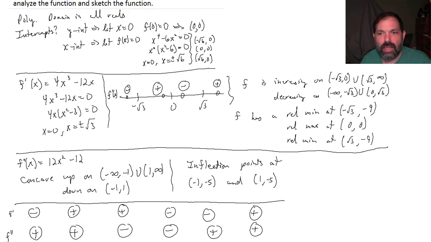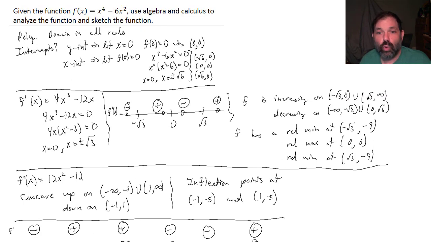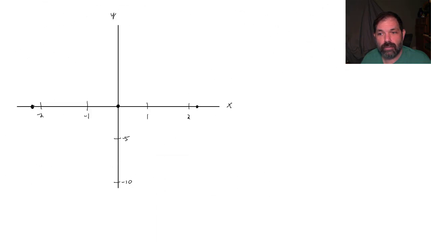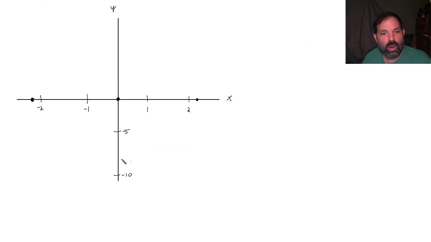We had relative minimums at negative root 3, negative 9. The square root of 3 is about 1.7. So I've got about 1.7, negative 9. There's a relative minimum. And similarly over here, negative 1.7, negative 9. Where were my inflection points? My inflection points were at negative 1, negative 5, and at 1, negative 5. There's all the important information.